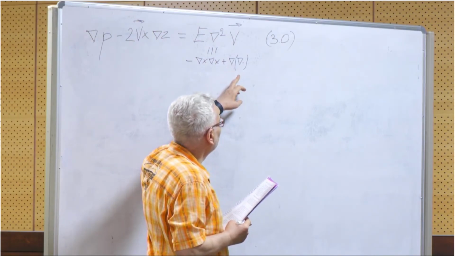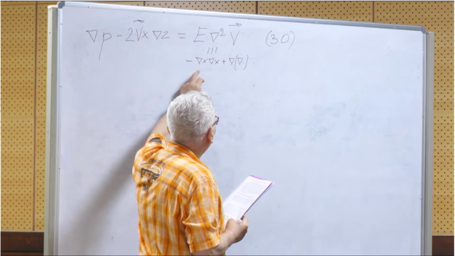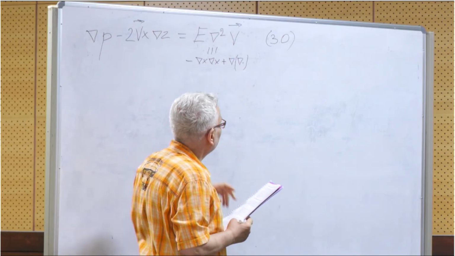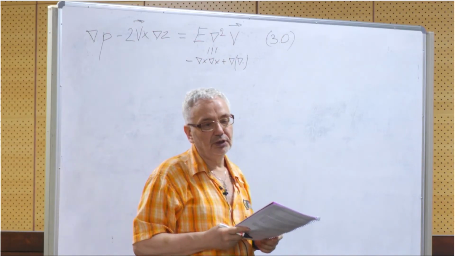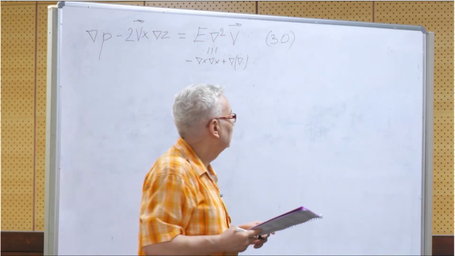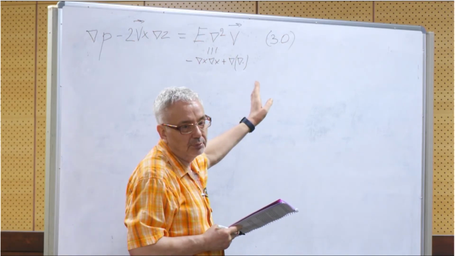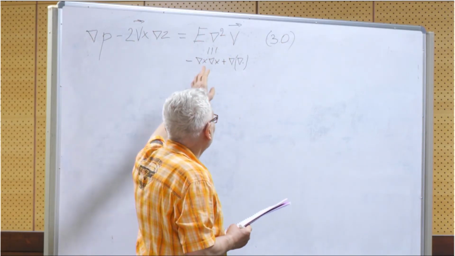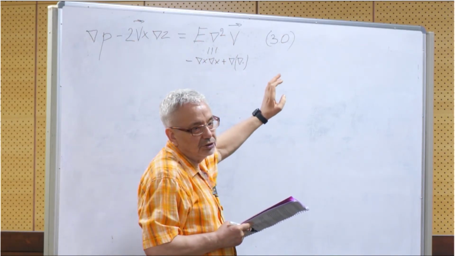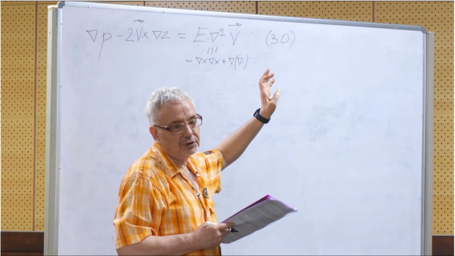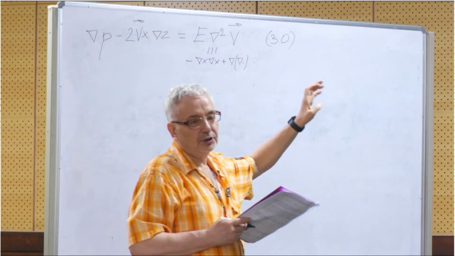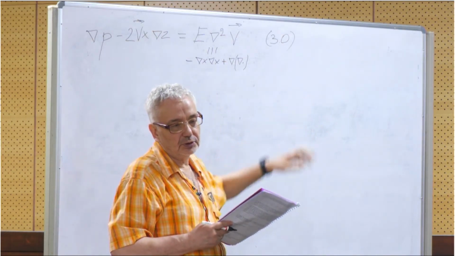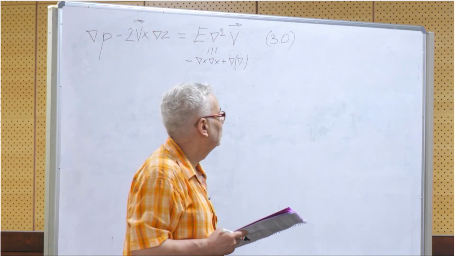Of course, in our case the divergence is zero, but in the general case, this Laplacian in Cartesian coordinates simply reduces to the scalar operator: the second derivative in x, second derivative in y, and second derivative in z, the sum of those terms.